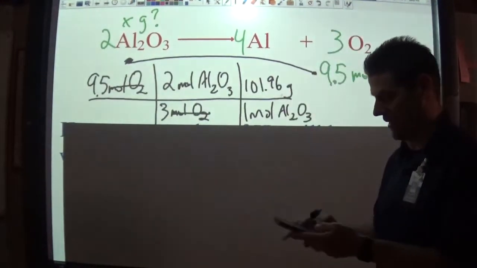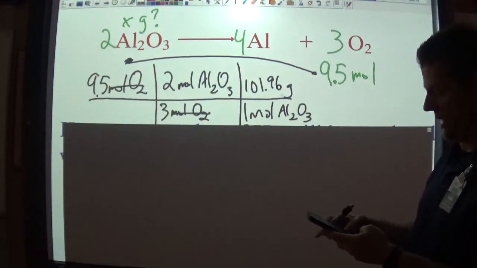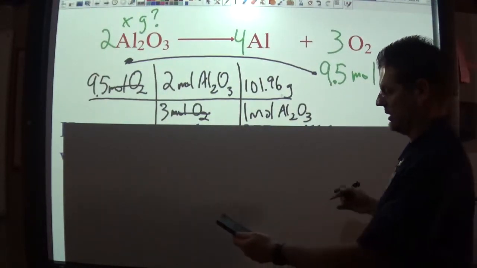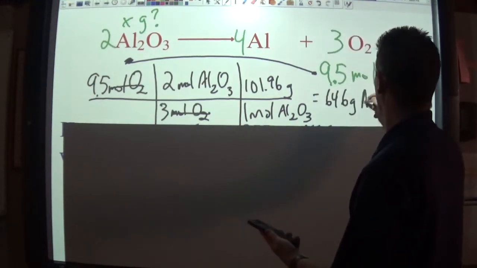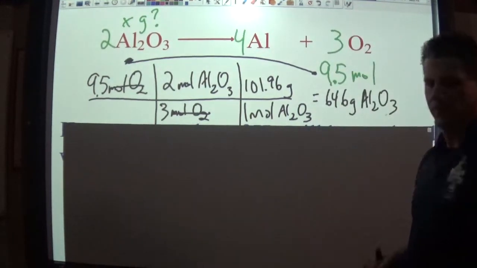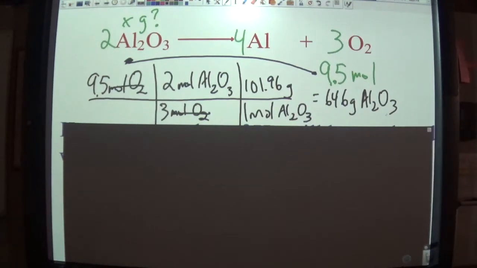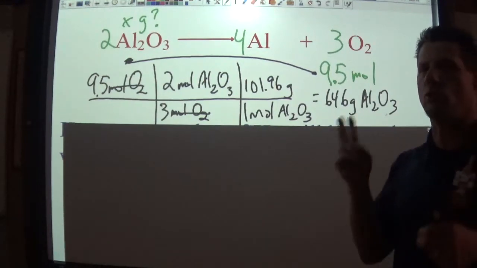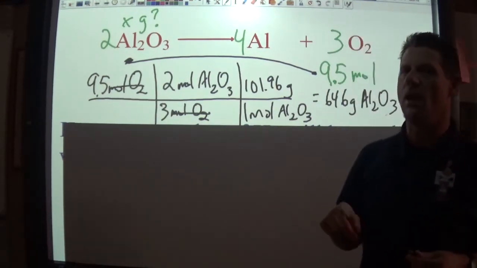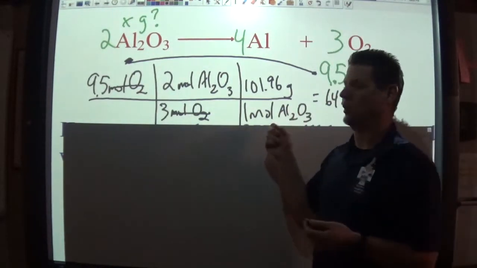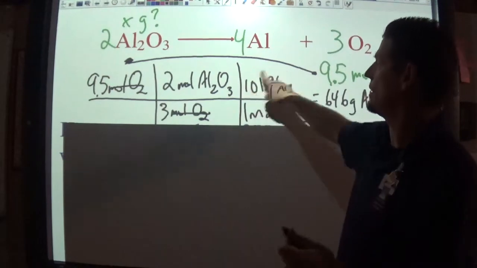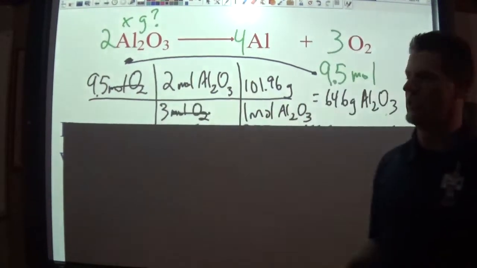So now I multiply that value times 101.96, round to 3 significant figures, and I get 646 grams of aluminum oxide required. This is a 2-step stoichiometry problem because I had to do 2 mathematical calculations beyond finding the molar mass. We still had to find the molar mass before I could finish this up.